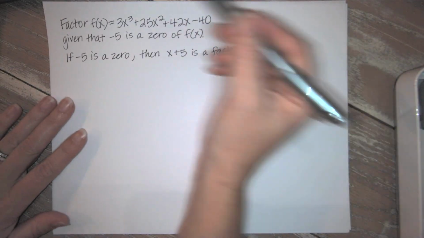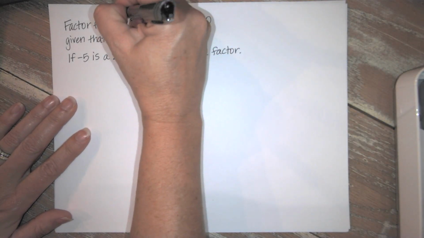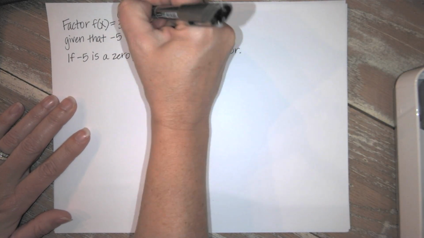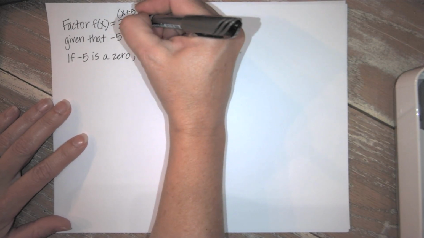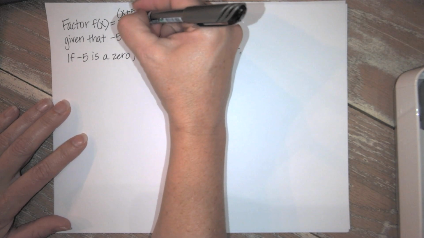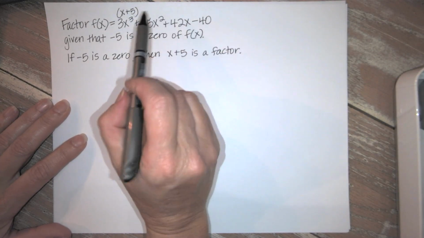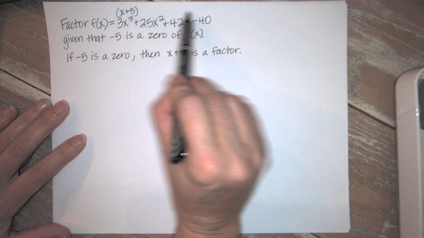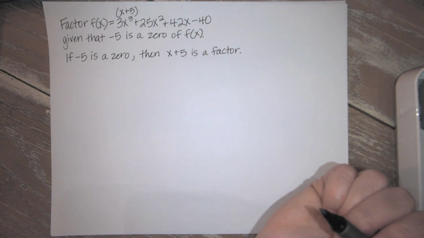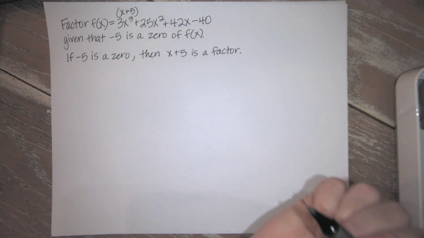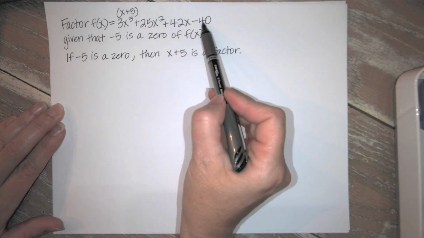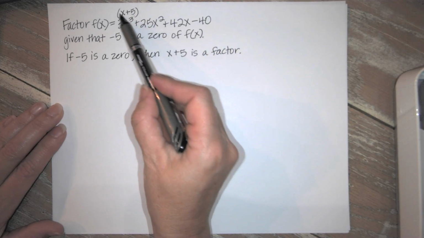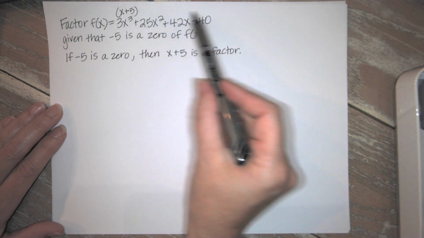So we know that it's going to break down. We're going to have an x plus 5, and then we're going to have something else. Potentially, we need 2 more factors to come up with a cubic function. So what would those other 2 factors be? Well, what we can do is we can use synthetic division to divide this polynomial by the factor that we do know, and we can see what's left.